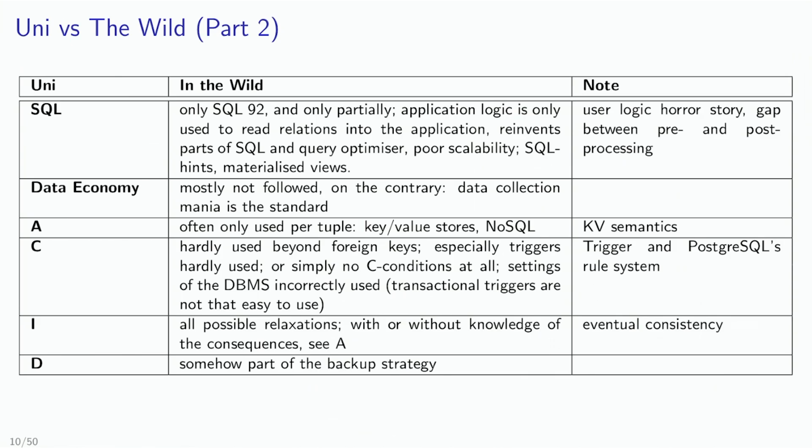SQL, so part two of our table. That's also a very common thing. You see that people only use very simple SQL, and that only partially. The typical problem is that the application logic only reads relations into the application code and then does data processing in the application.